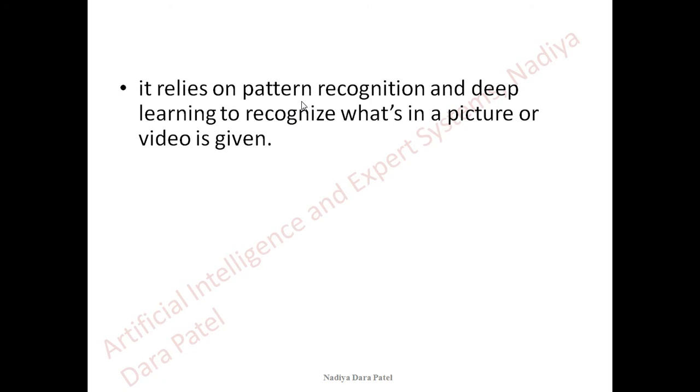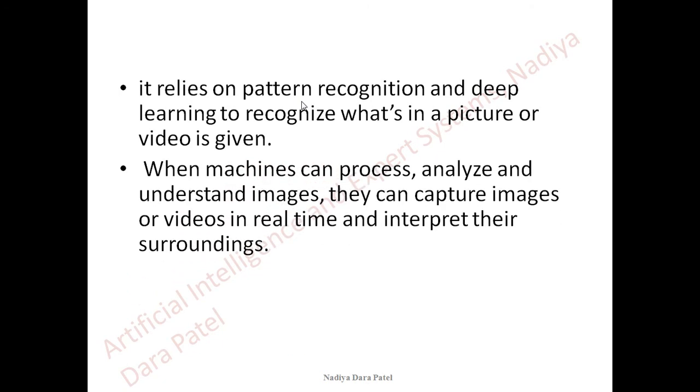This is already implemented, and the CCTV cameras are planted in important sectors of the country, like, for example, bus stations, railway stations, and some vital areas like important buildings where important people come and go. If CCTV cameras are implanted in such places, they have proven that they can see images, and they have become successful in finding a criminal from a mob of 100. So this is what pattern recognition is.